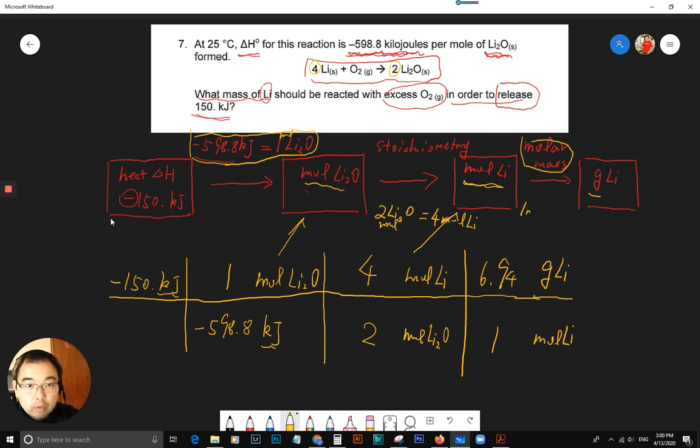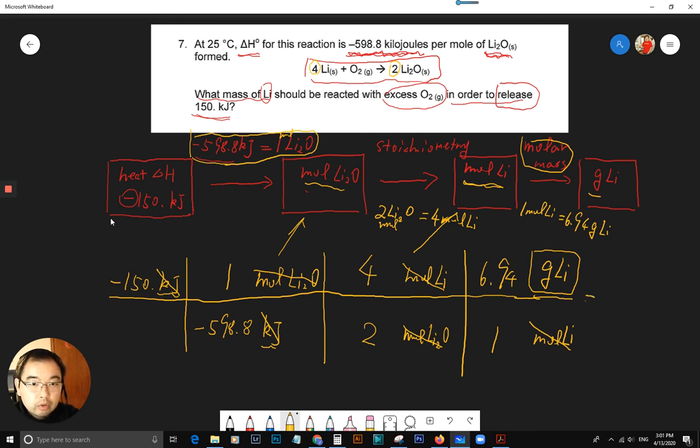Okay, so 1 mole of the lithium is equal to 6.94 gram of the lithium. Okay, and this is conversion factor. So let's see whether we can cancel all of the unit. The kilojoule cancel the kilojoule. The mole of the lithium oxide cancel mole of the lithium oxide. The mole of the lithium cancel mole of the lithium. Okay, then the gram of the lithium is what we need. Is the only unit we have.